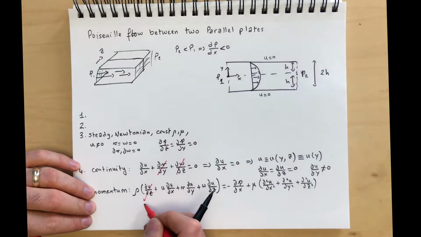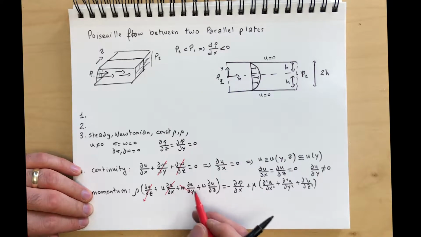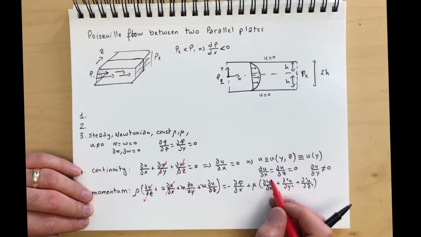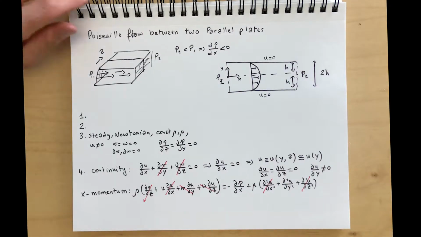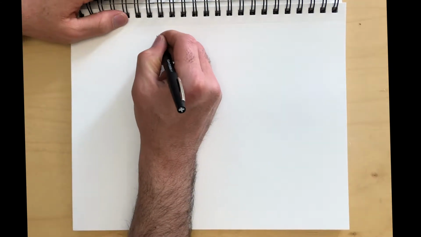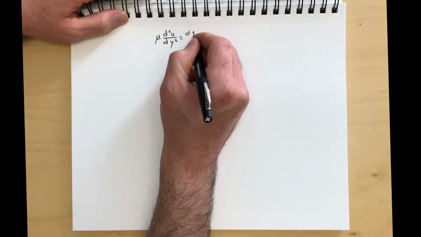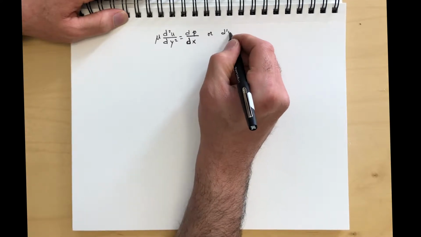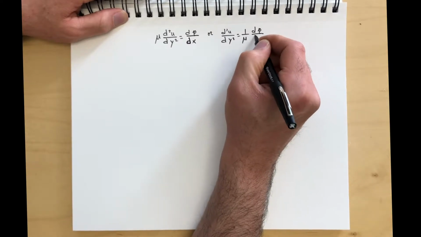Now we said the flow is steady, so this is 0, u du by dx is 0, v du by dy is non-zero, w du by dz is 0, d2u by dx squared is 0 because du by dx is 0, and d2u by dz squared is 0, and that leaves us with just the one equation that says mu d2u by dy squared is equal to dp by dx, or d2u by dy squared equals 1 over mu dp by dx.